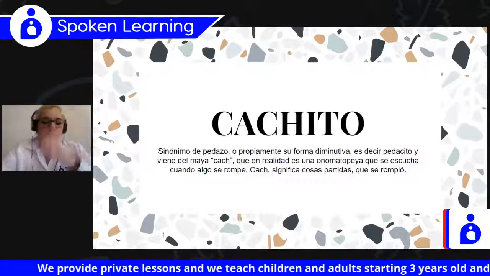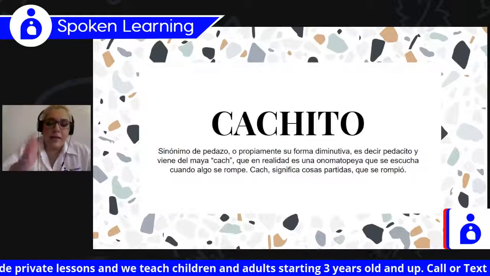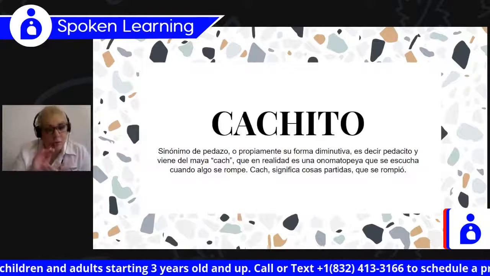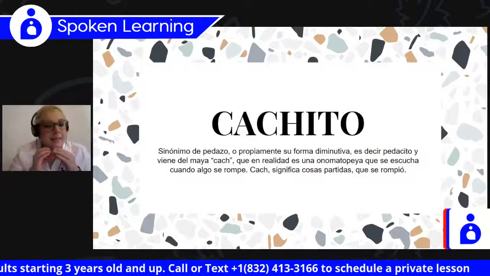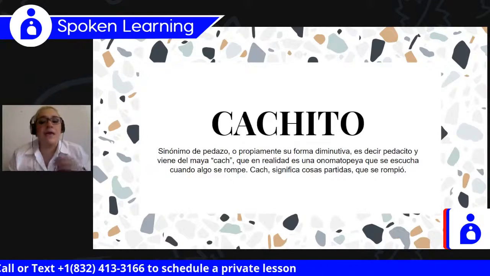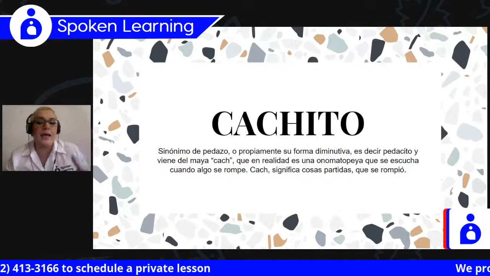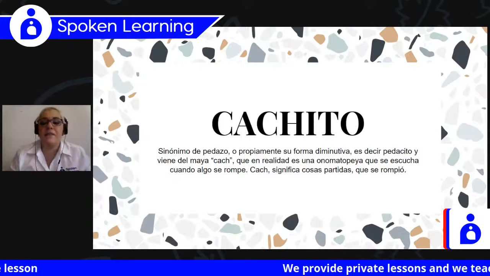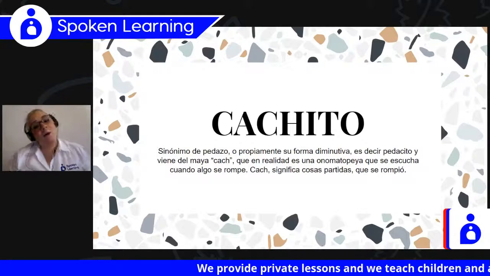Pedazo means a piece. Sinónimo de cachito es sinónimo de pedazo o propiamente su forma diminutiva, es decir, pedacito, y viene del maya cach, que en realidad es una onomatopeya que se escucha cuando algo se rompe. Cach significa cosas partidas que se rompió.